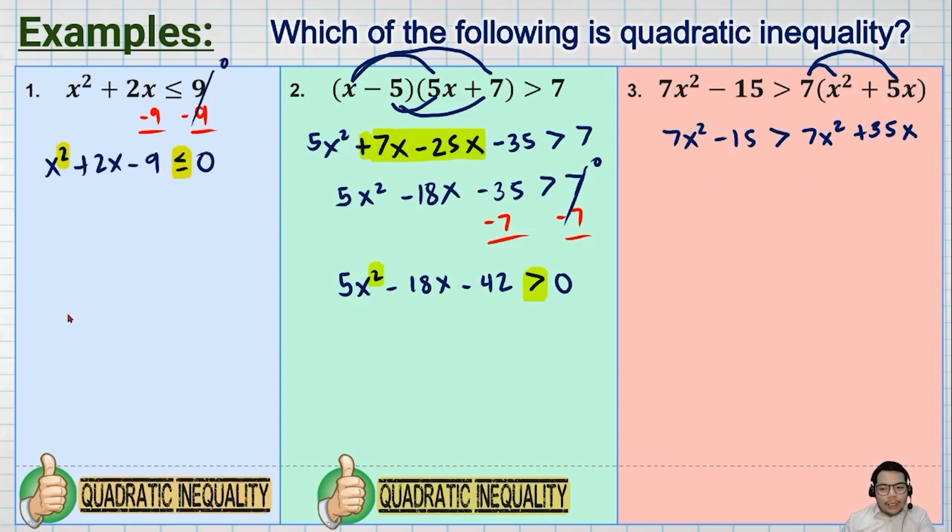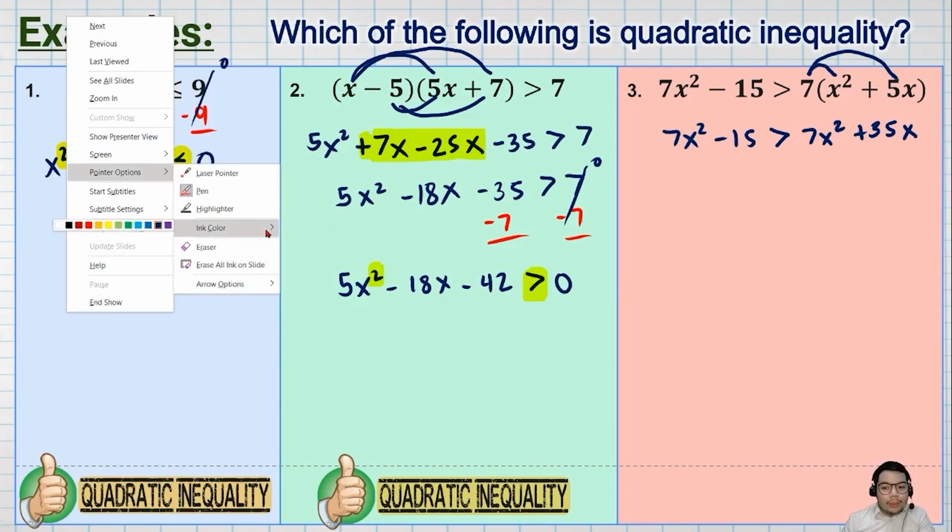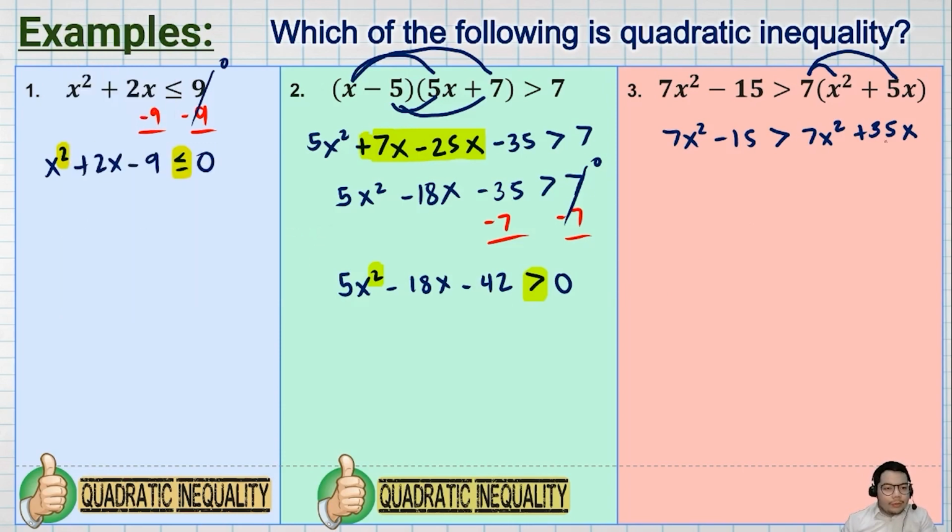Ang gagamitin natin once again is addition property of equality. To remove 7x squared, we have to add a negative 7x squared. Here, we also have to add a negative 35x kasi positive yun. Ganyan yung ginagawa natin. Then ganun din dapat sa left side: minus 7x squared, then also minus 35x.